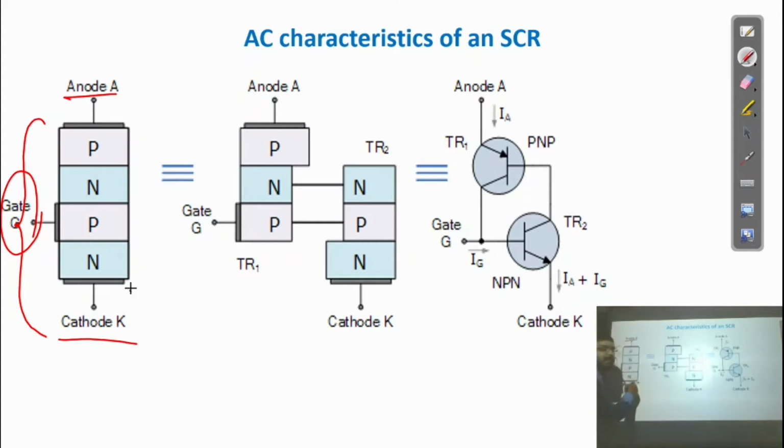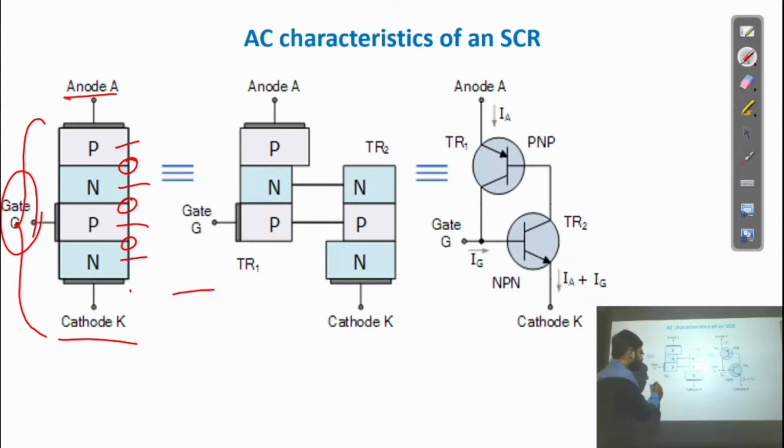This is an SCR, simply consisting of PNPN, four-layer semiconductors, having three junctions. All of this has been discussed in the DC characteristics of an SCR.